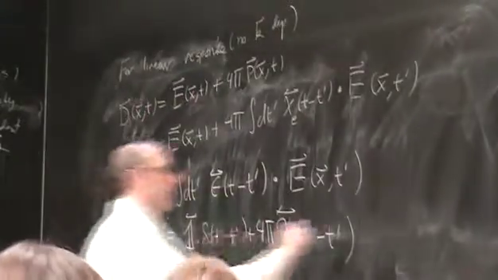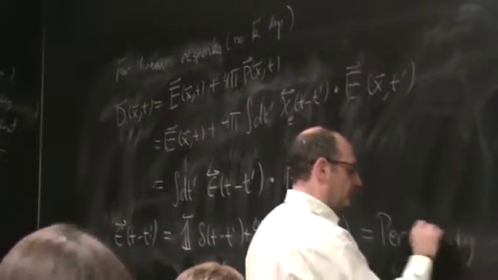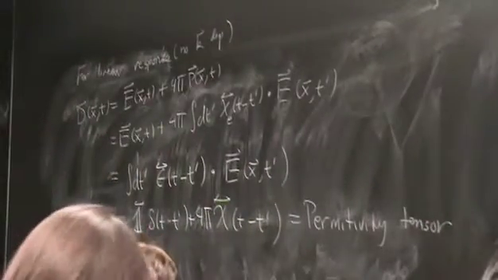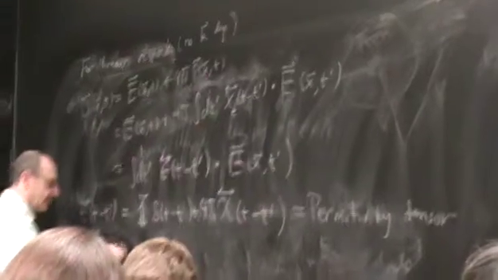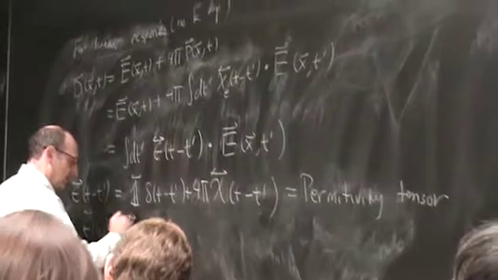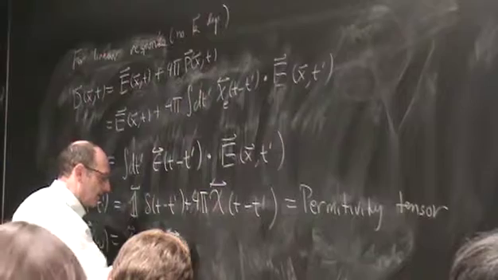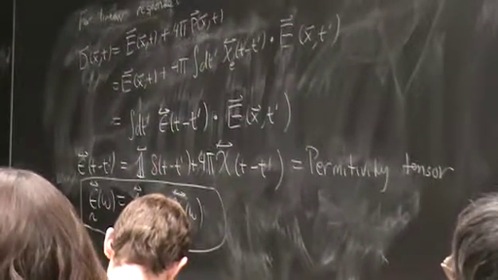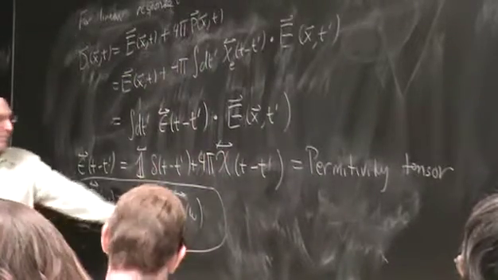This is called the permittivity tensor. In the Fourier domain, as a function of omega, this is equal to 1 plus 4 pi chi. So this is the permittivity tensor. Epsilon naught is the permittivity of free space, where chi is 0.